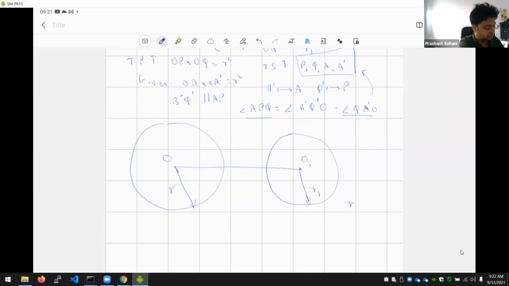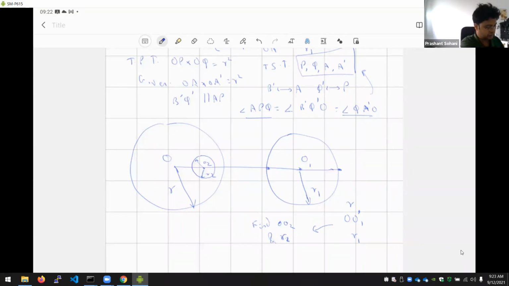If I give you the values R, OO1 and R1, I should be able to find OO2 and R2 in terms of these values. I'll leave this for you as an exercise. We will not do it right now. It's just a calculation, because you can take the two diametrically opposite points and use them as the reference for this calculation.